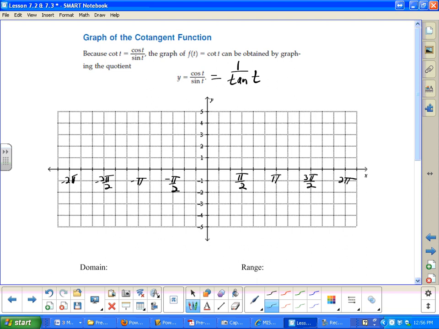Okay. Now, cotangent is cosine over sine. So when sine is equal to 0, we have what? Asymptotes. Okay?